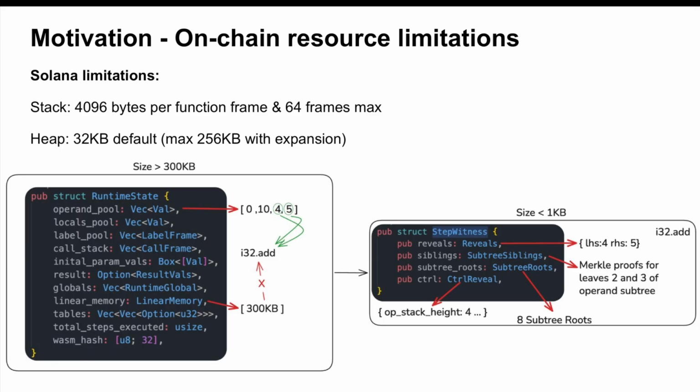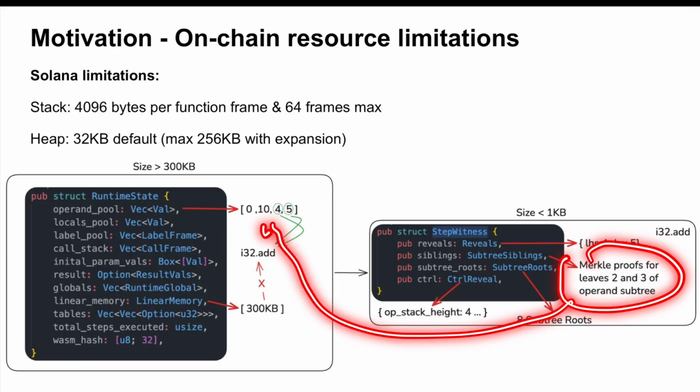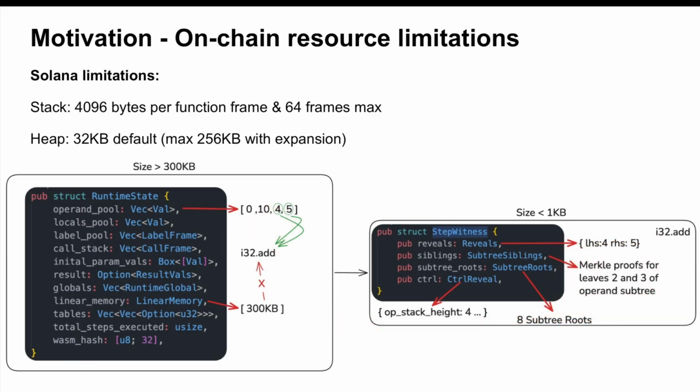And we have subtree siblings. These are the siblings of these two variables in the operand pool, because in the state commitment we have this operand pool as a Merkle tree. So we need to prove the membership of the variables 4 and 5 to the chain by doing some Merkle proof verifications. So we have all the siblings, aka proofs of membership, here.